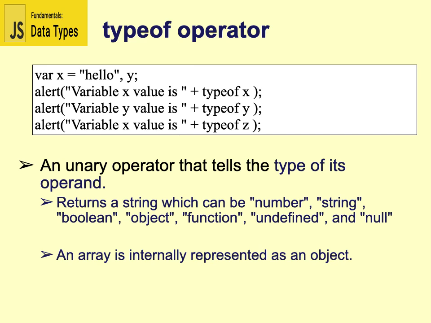So arrays are also represented using object. Whenever we try to retain the type of an array, object is the value retained. That means the string is either number, string, boolean, object, function, undefined or null. Here, retains a string means retains a result; that is the meaning here.